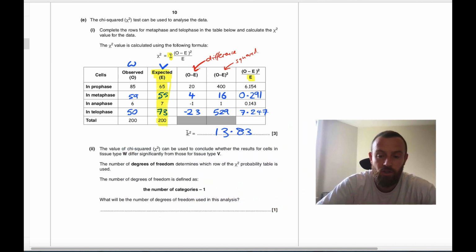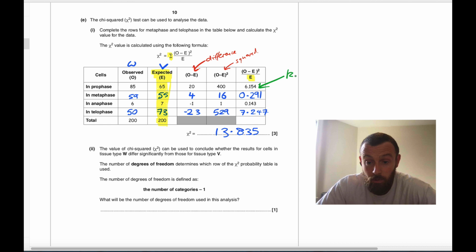Very silly. So I should keep that as 3 decimal places. So there's a moral of the story for you, and I have to round that correctly. It's 13.835. So be consistent with decimal places. If you didn't do that, just make a little note to yourself. Keep DP consistent throughout.